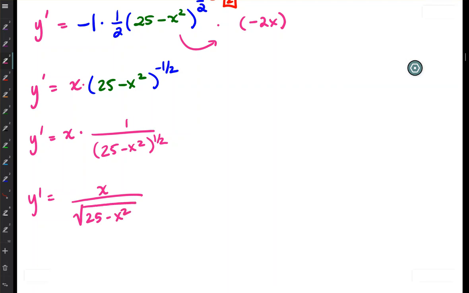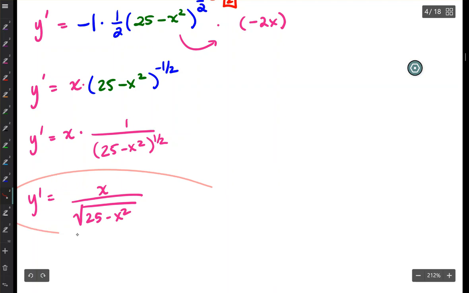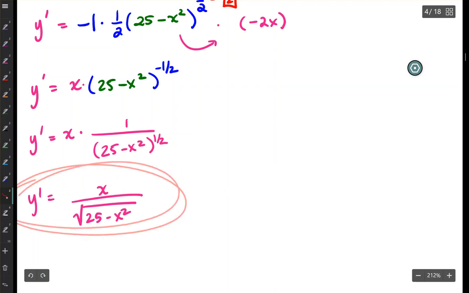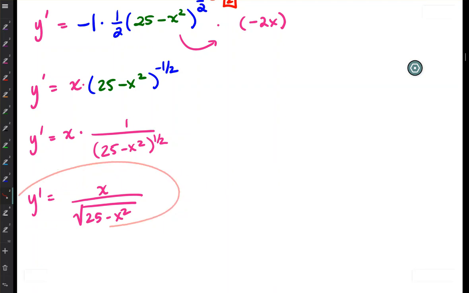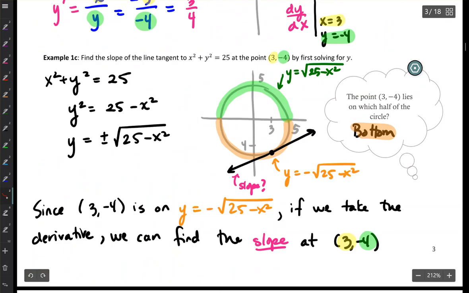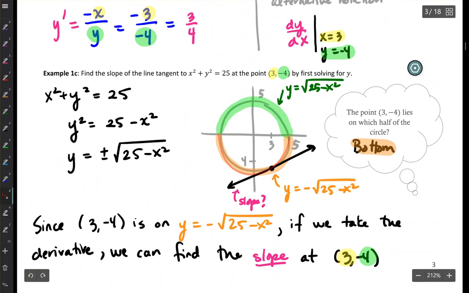And we are good. So this function tells me the slope of the tangent line at any point on the bottom half of the circle centered at the origin of radius 5. I specifically want the slope of the tangent line at the point 3, negative 4. So this happens when x is 3.